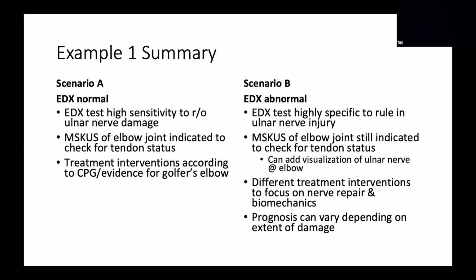And even if it's not a nerve problem, we still do neural glides. And then also manipulation in the cervical spine and upper thoracic spine works out really well. So all those would help out as well as far as either the nerve or the medial epicondylitis.